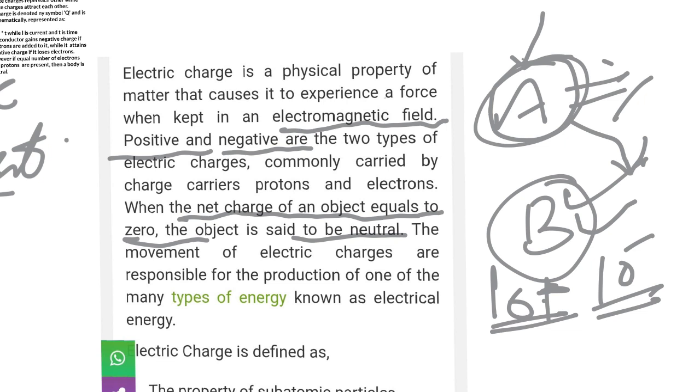Positive charge is because of presence of protons and negative charge is because of presence of electrons. And when a body has both equal amount of positive and negative charge, its overall charge is 0, so it is a neutral body. Charge is represented by symbol Q.